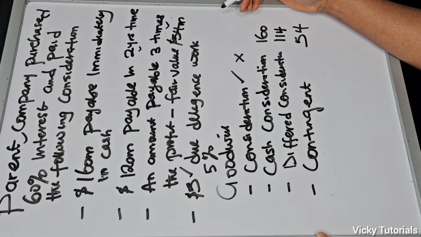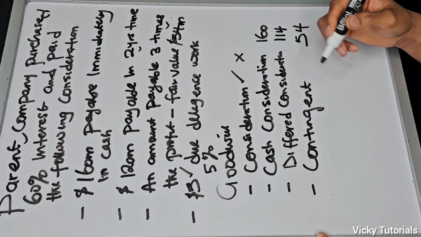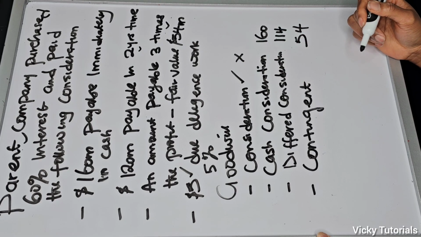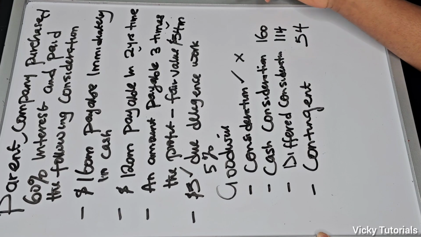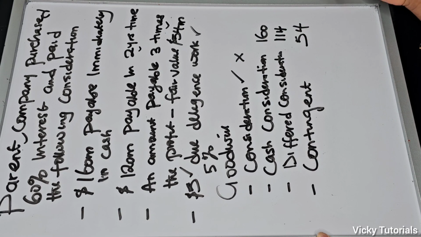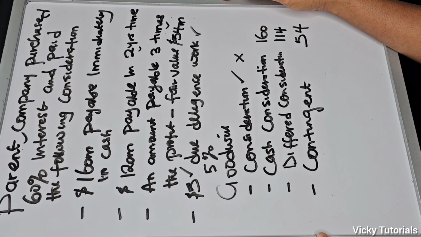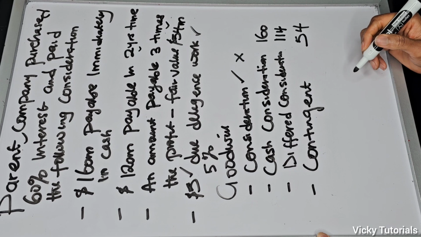It is external to the purchase, hence due diligence will not be considered within the consideration transferred. This amount is paid to an external party, not to the subsidiary, so it's not going to be included in the consideration transferred.